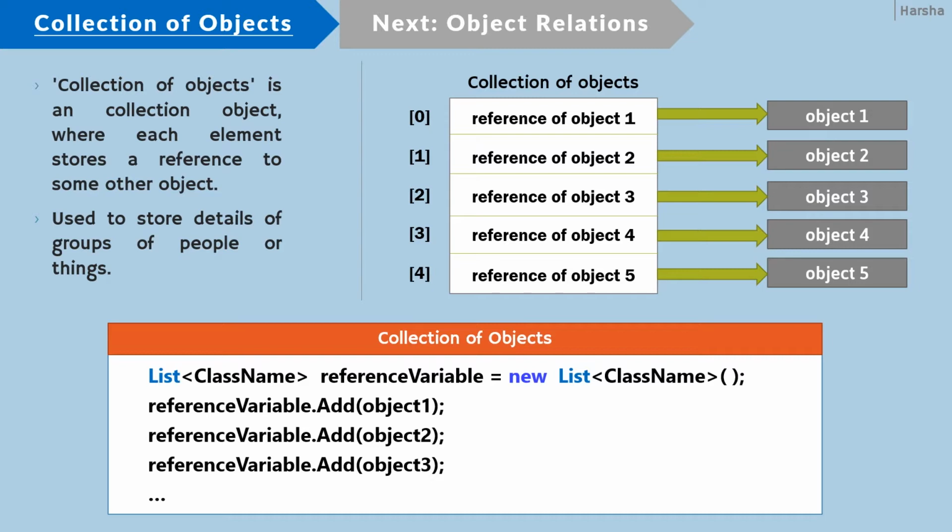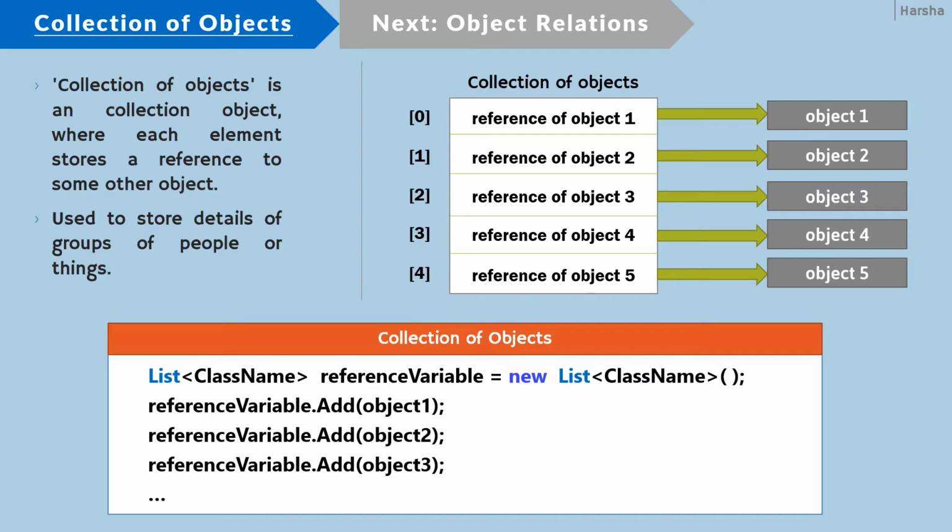Exactly in the real applications, that data may be read from the data store, such as a database, or the data may be entered by the user. Either way, you will have multiple objects of a specific type. So collection of objects is frequently used in real-world applications.